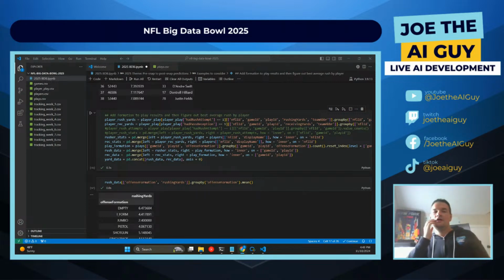So instead of starting with the player play outcome, we'd have to start with the play formation data set here, incorporating the had drop back, because that's coming out of plays, right?